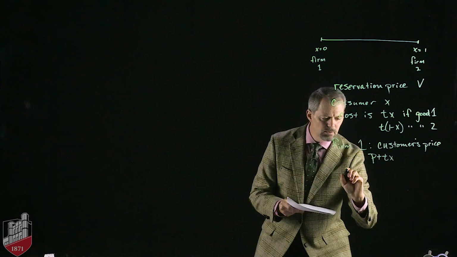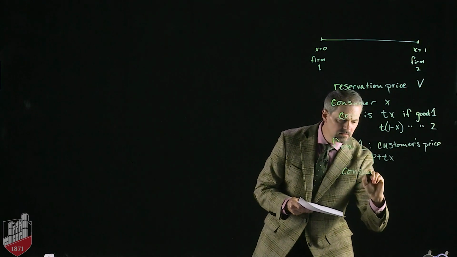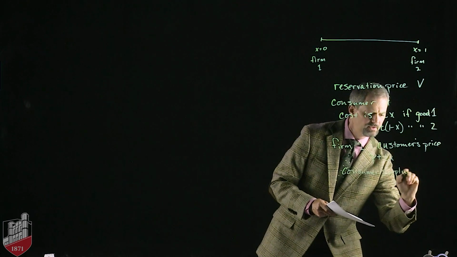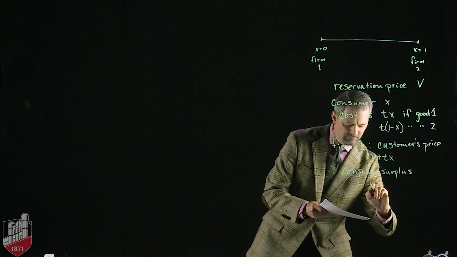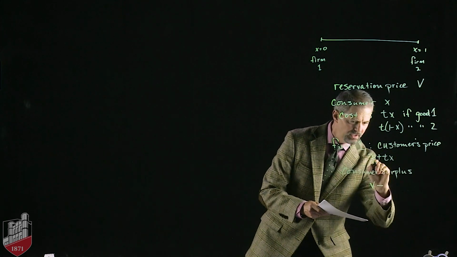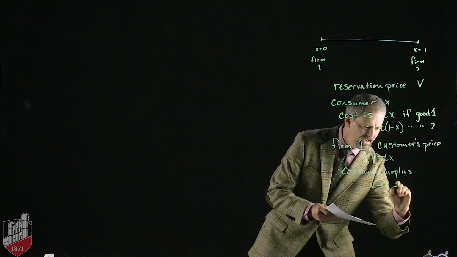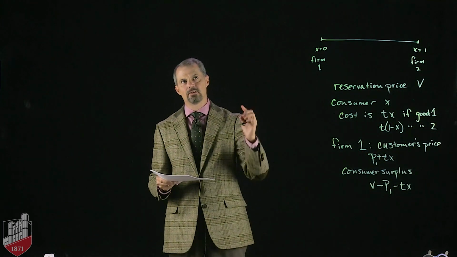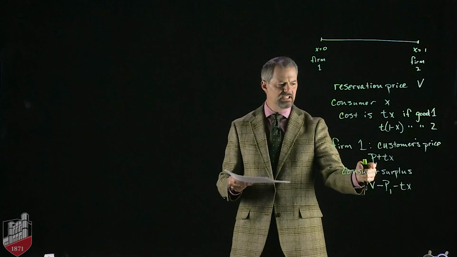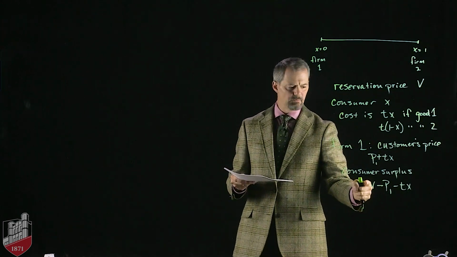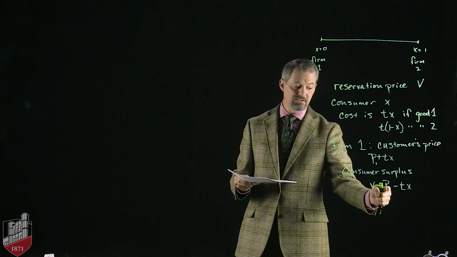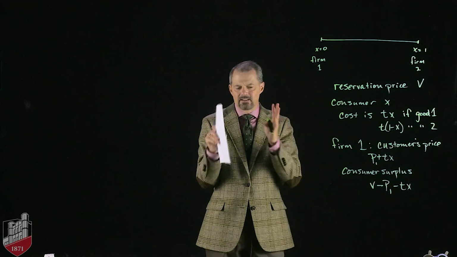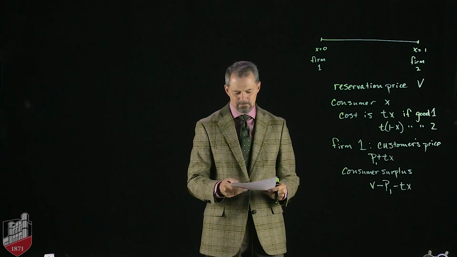Their consumer surplus would be equal to V minus P1 minus TX. So that's the consumer surplus that customer X would get from buying from firm 1. Here's the value they place on it minus the price minus the utility penalty they pay because it's not the exact good that they want.